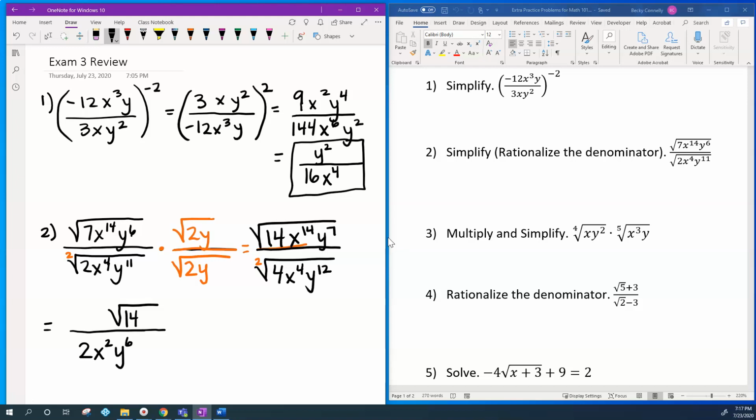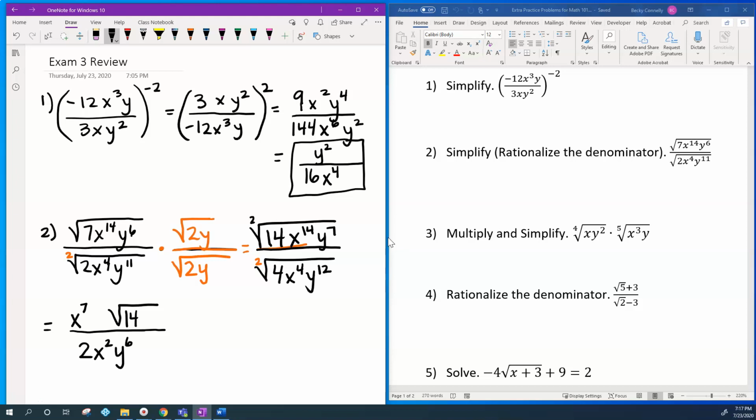My x to the 14th, what will that come out as? Close. Not x to the 6th, but x to the 7th. Because again, with that 2 there, how many times will 2 divide into 14?